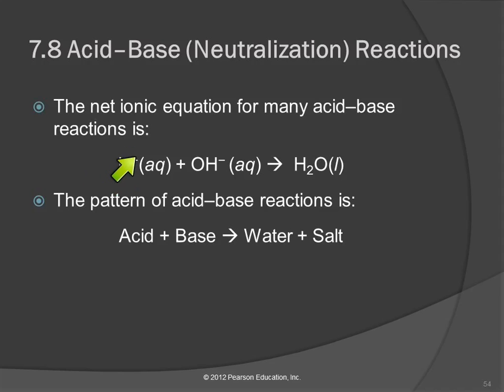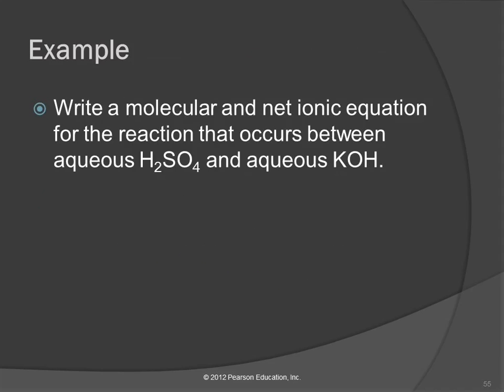It's hydrogen ion from the acid and hydroxide ion from the base, and it forms water. The salt doesn't show up in this net ionic equation because it was soluble, and so it was just ions mingling around. So the pattern of this reaction is acid plus base gives water and salt.